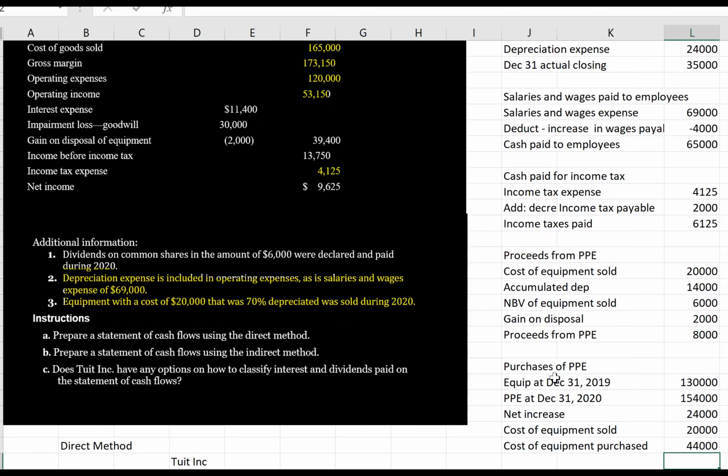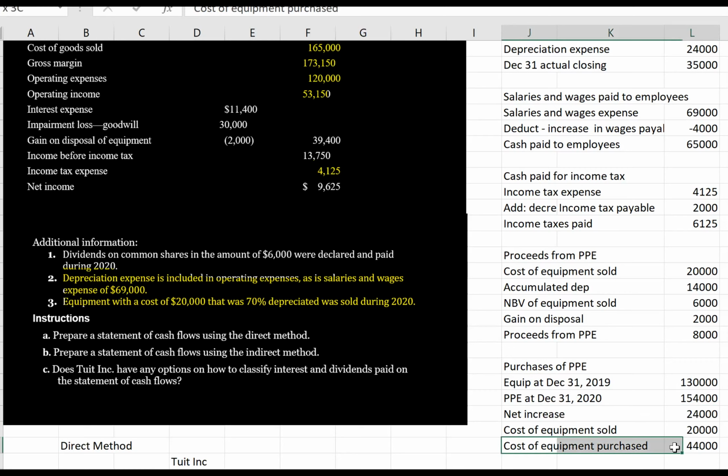So let's just take a look here. What we did here is we basically are just comparing the statement of financial position account for PP&E and saying, okay, this account went up by 24, but we know that during the year, the company would have made a journal entry to decrease this account to reflect the fact that equipment was sold for 20. So that means that this account would have only been $4,000 otherwise, but it's not, it's 24,000.